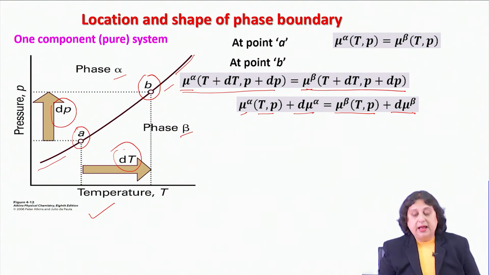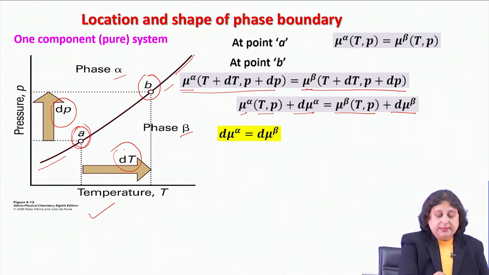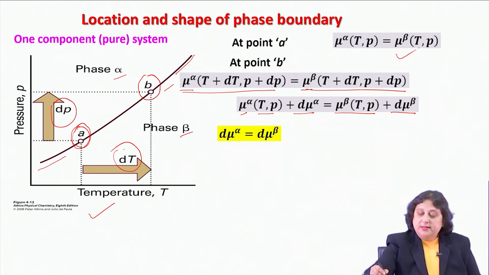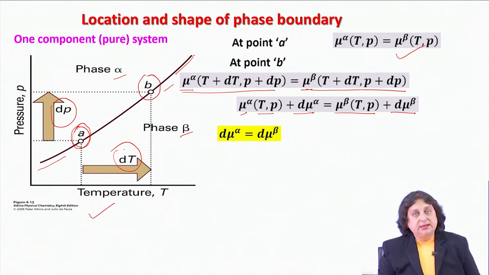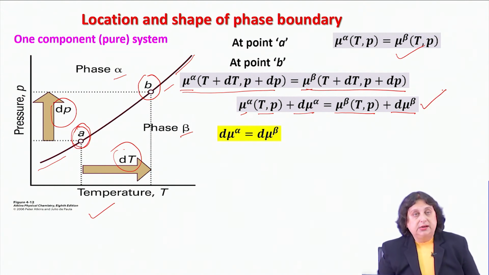Now, since at A the system was at equilibrium, this condition is valid. So, combining these conditions, I immediately conclude that along the phase boundary, d mu alpha must be equal to d mu beta.